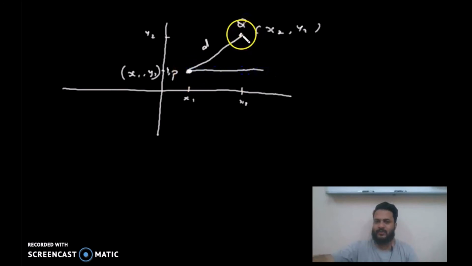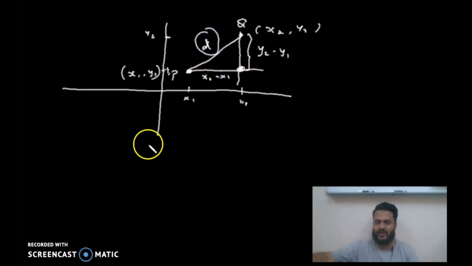Join these two. Here you will get a point of intersection. So this distance will be y2 minus y1. Am I right? Here it is y2, here it is y1. So this is y2 minus y1, and this will be x2 minus x1. And I want to find my d. And this becomes a right angle triangle. By using the Pythagorean theorem, consider some R over here.